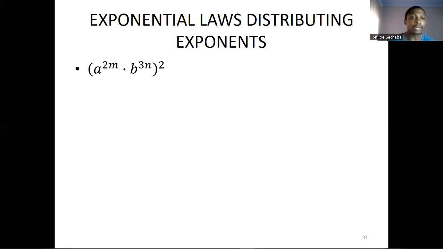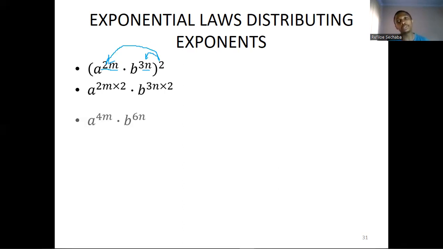Because they are linked by multiplication, I will count how many exponents I have inside the brackets. I've got 2m as well as 3n, so both of them will be multiplied by 2. All right, and this is what you will end up getting. Meaning that we're going to have a to the exponent of 4m times b to the exponent of 6n, sorry.